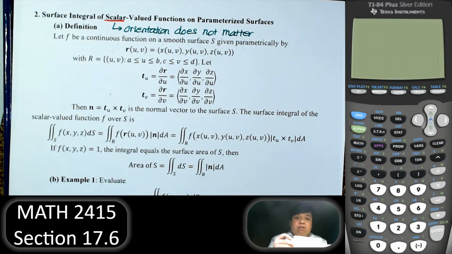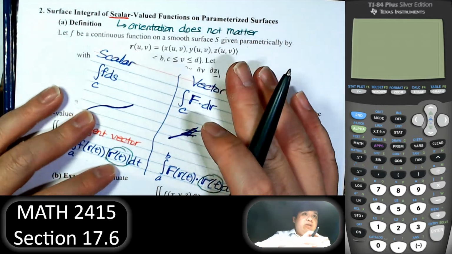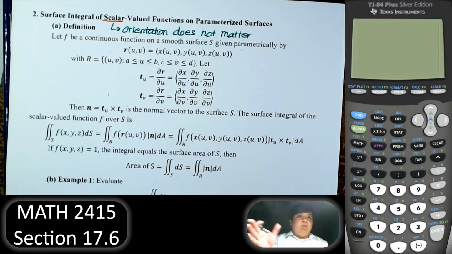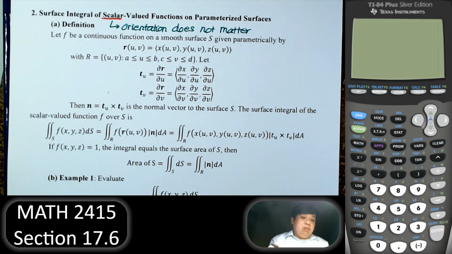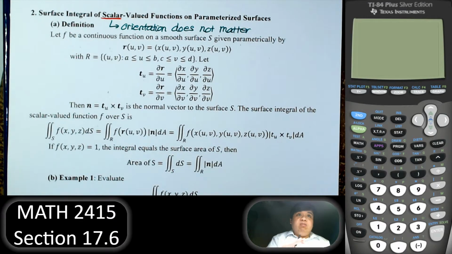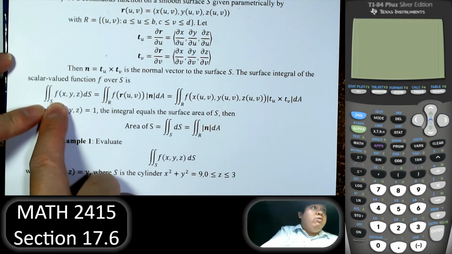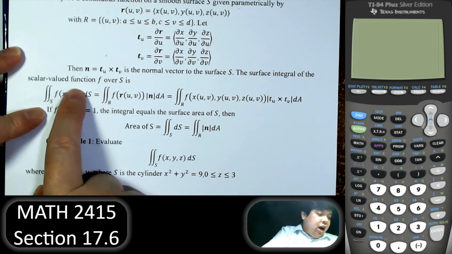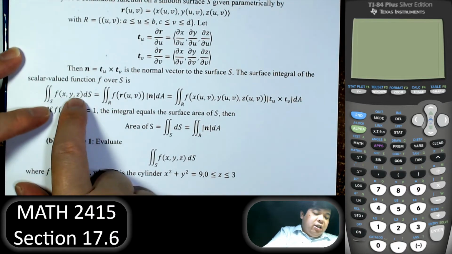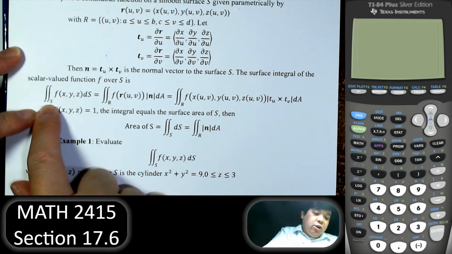In the next part of the section, when we do the vector version of it, we have to specify which direction we want the normal vector to point to. But here, this is the scalar version. Direction is irrelevant here. Because apparently, what we do is we find the line integral. I mean the surface integral, because this is the double integral.